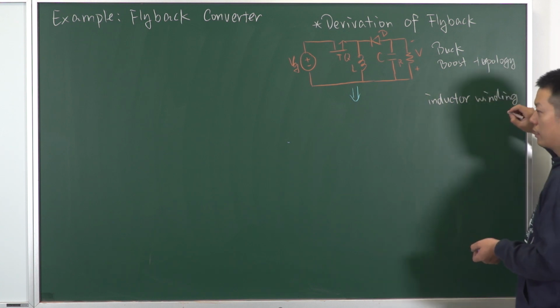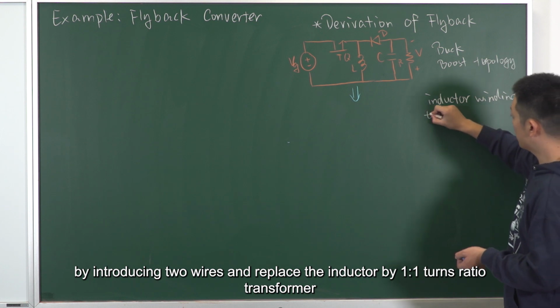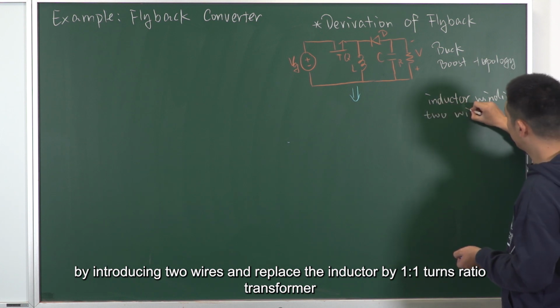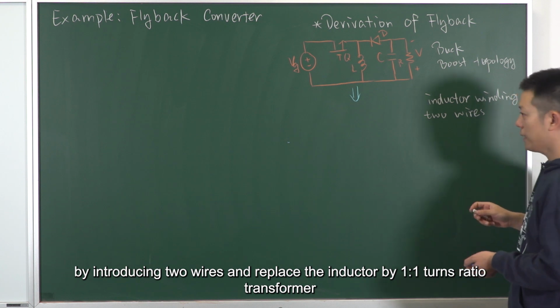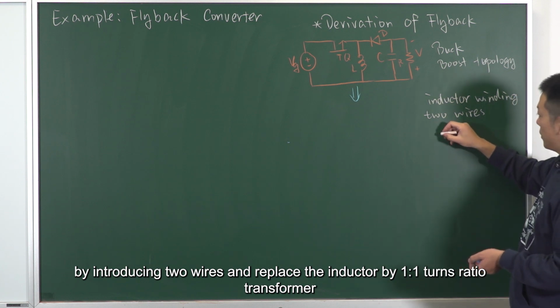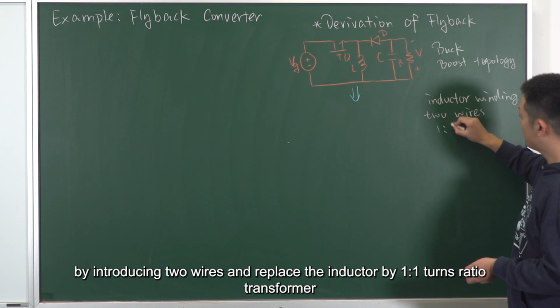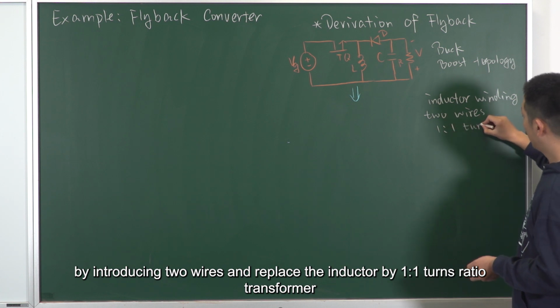The inductor winding is split by introducing 2 wires, and we replace the inductor by a 1-to-1 turns ratio transformer.